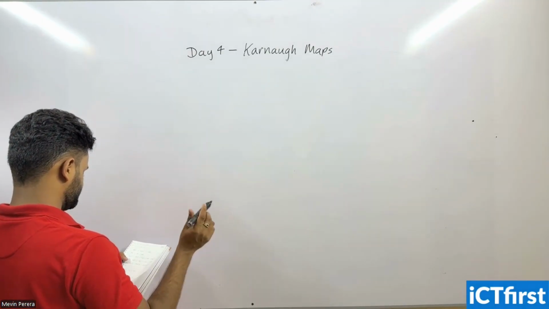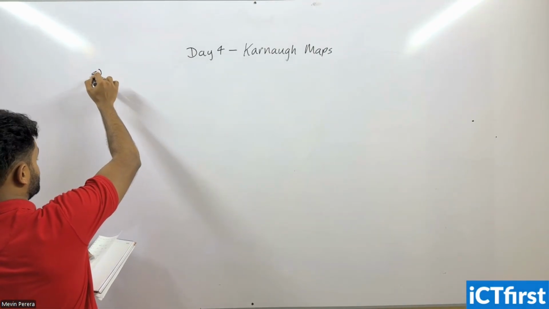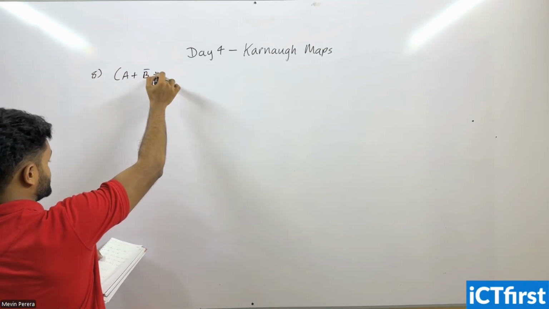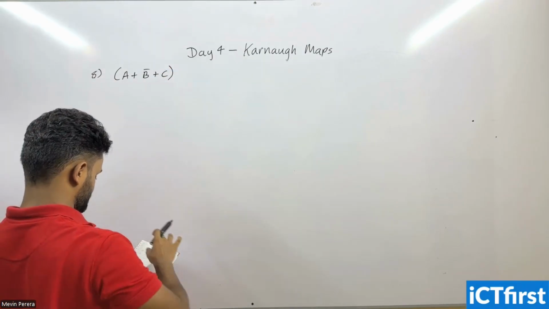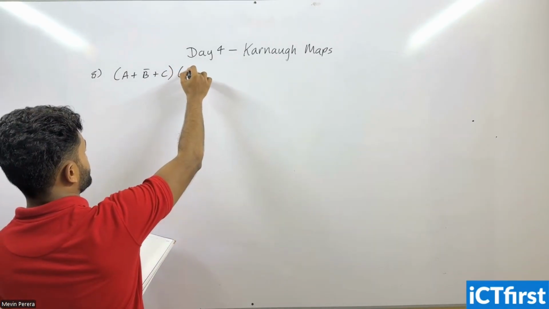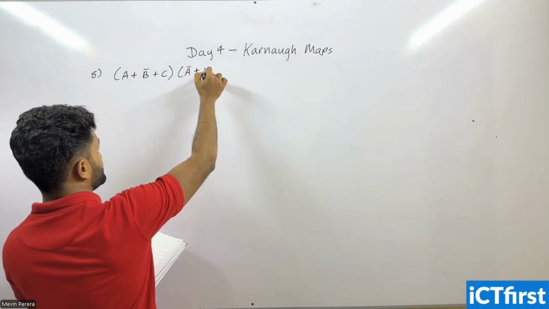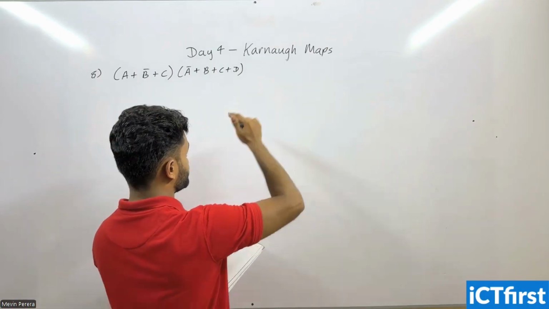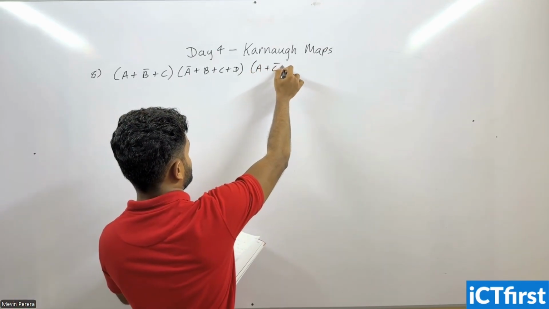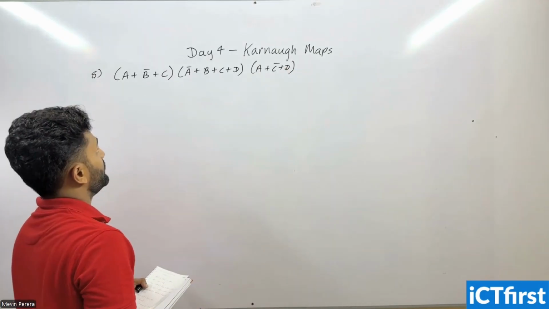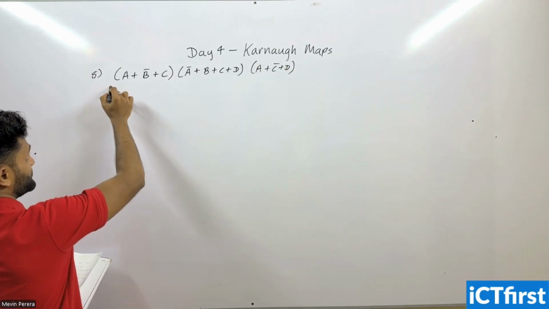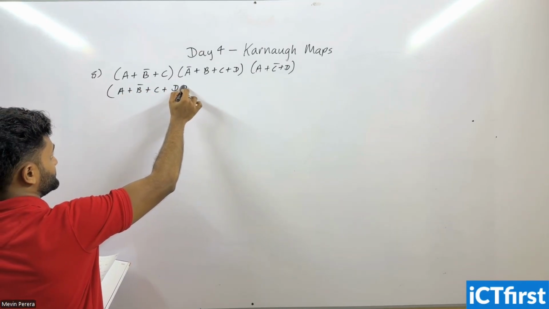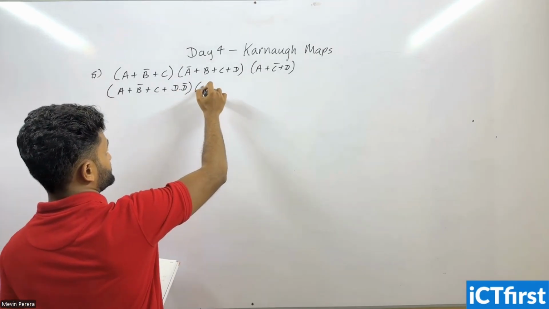Then eighth one. A plus B bar plus C. A bar plus B plus C plus D. A C bar plus D. All right, we have to standardize this. This one doesn't have a D, right? So D dot D bar. This one is correct.